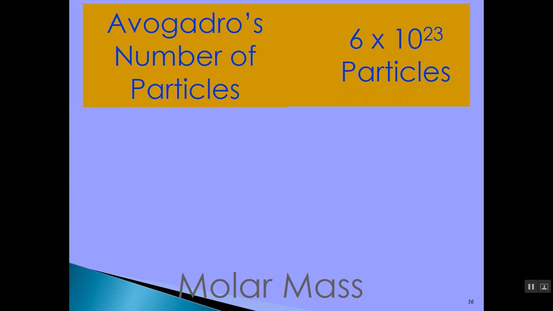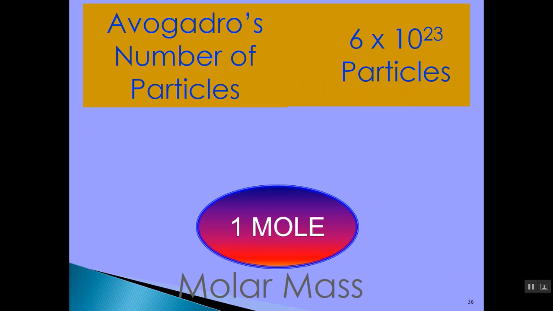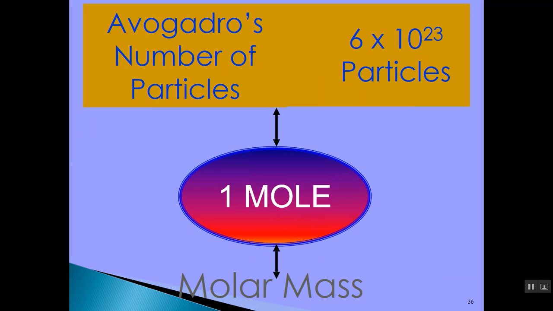All right. Okay, so let's remind ourselves of something we talked about, the relationship between the mole, Avogadro's number, and the molar mass. Remember, the molar mass is the mass in grams present in 1 mole of a substance, and the same is true in terms of Avogadro's number. It represents the number of particles in 1 mole of a substance.